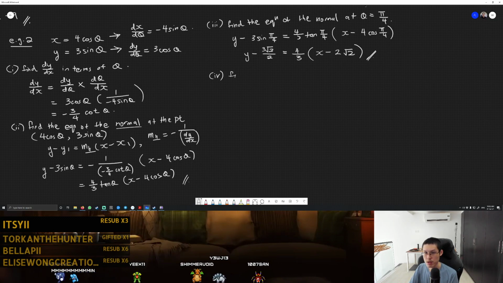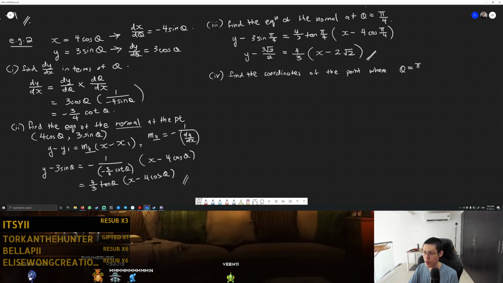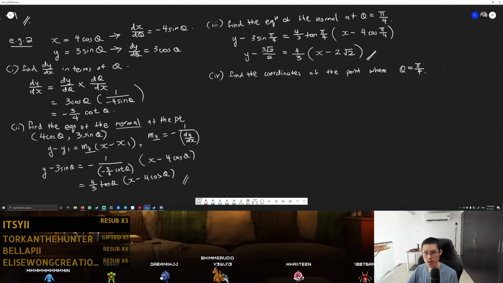Then for part 4, find the coordinates of the point where theta is pi over 4. So when theta is pi over 4, we actually end up with this equation here. We also can work out the coordinates x and y by substituting it into the original equation right here.